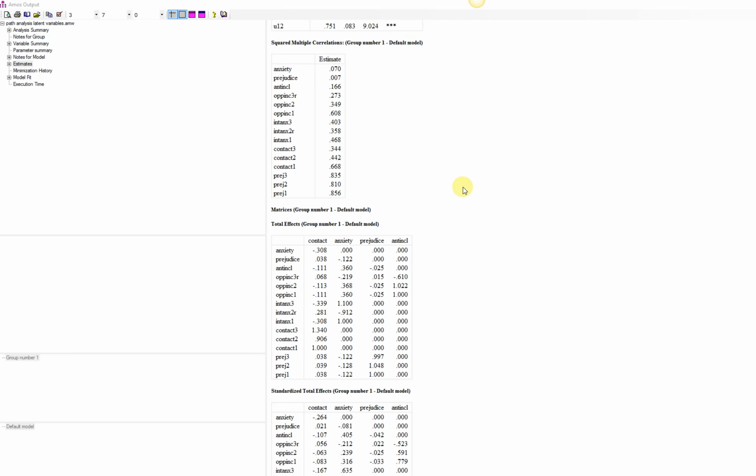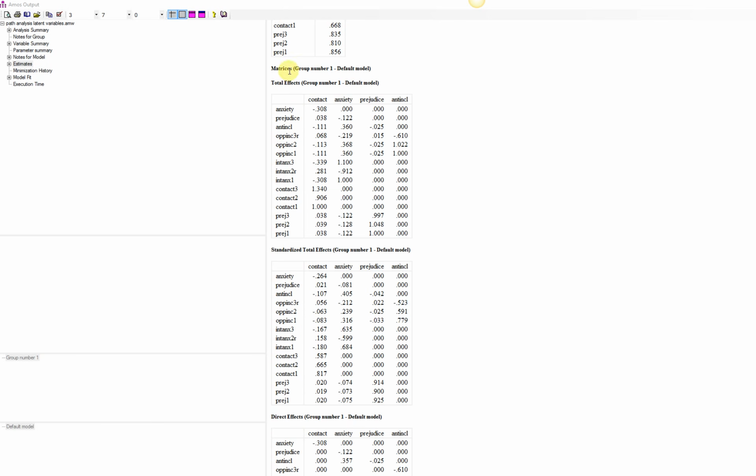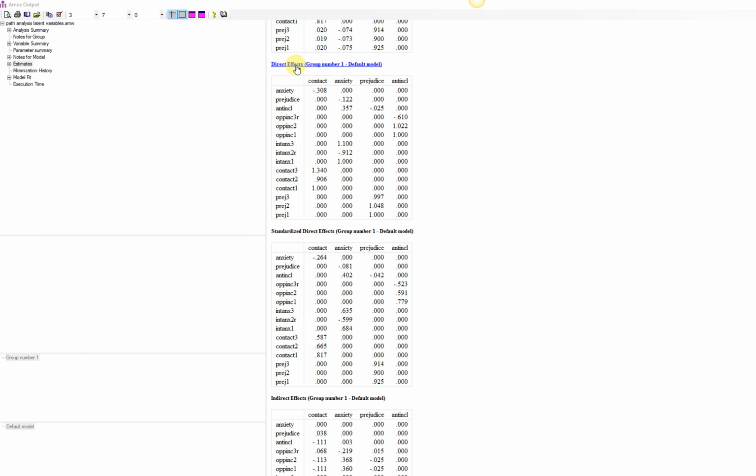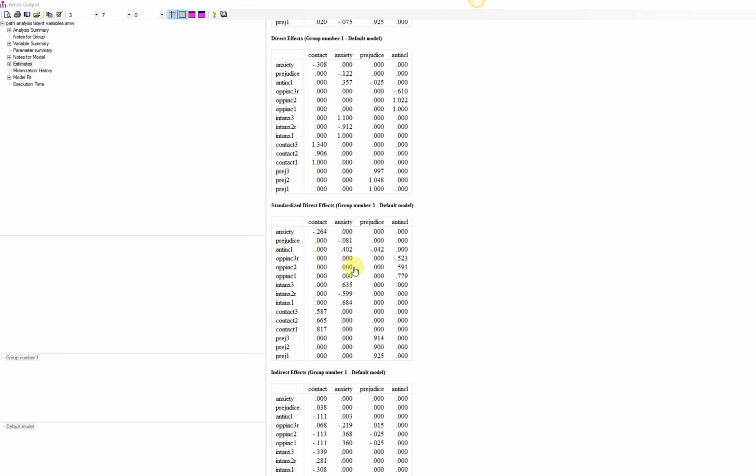When we scroll down, we have different matrices. So we've got matrices of total effects. So these are basically unstandardized total effects, standardized total effects, the unstandardized direct effects, and standardized direct effects, and indirect effects. Basically, when we click under estimates, we get all of this information.